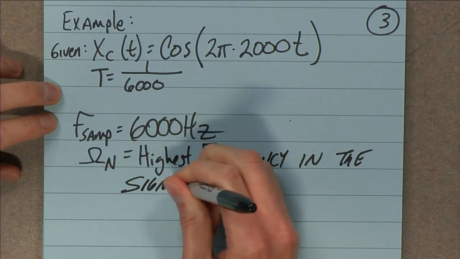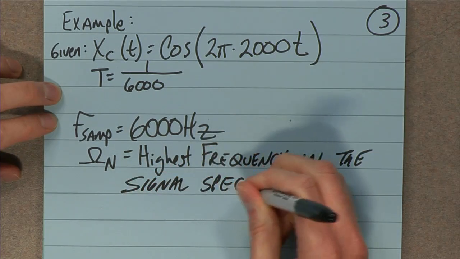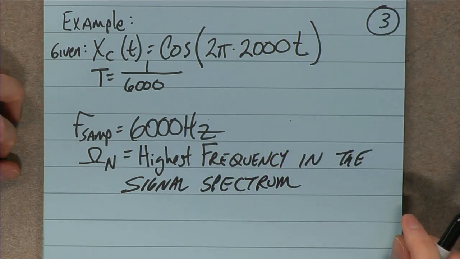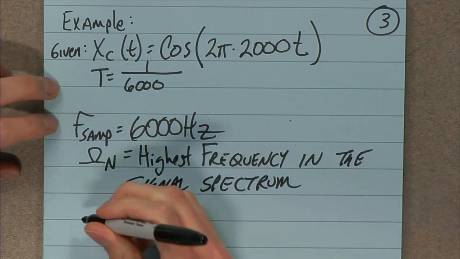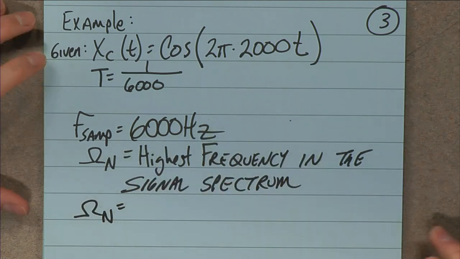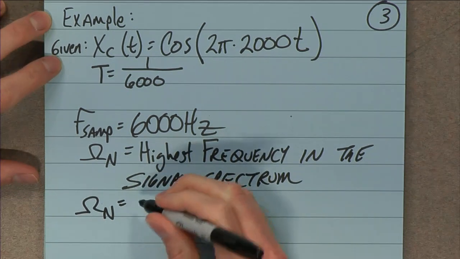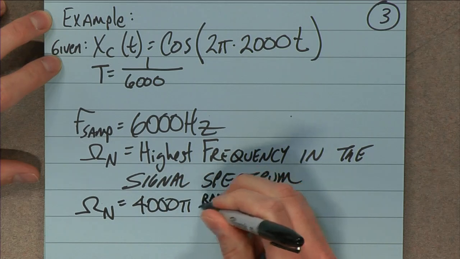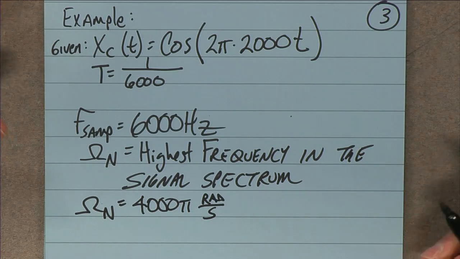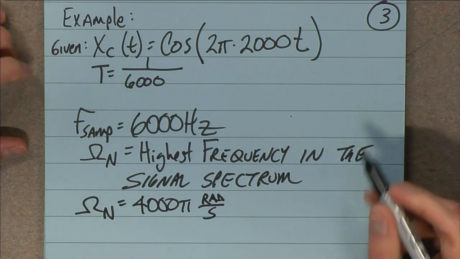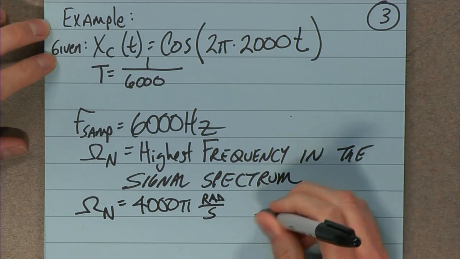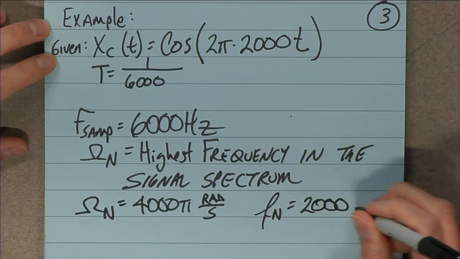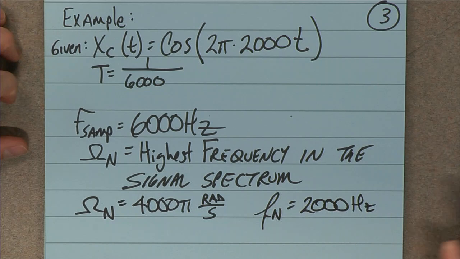Just writing it out to remind us, the highest frequency for us is going to be 4,000 pi. That's radians per second, but we could also look at it as hertz. So maybe we could call it F sub N, Nyquist, 2,000 hertz.